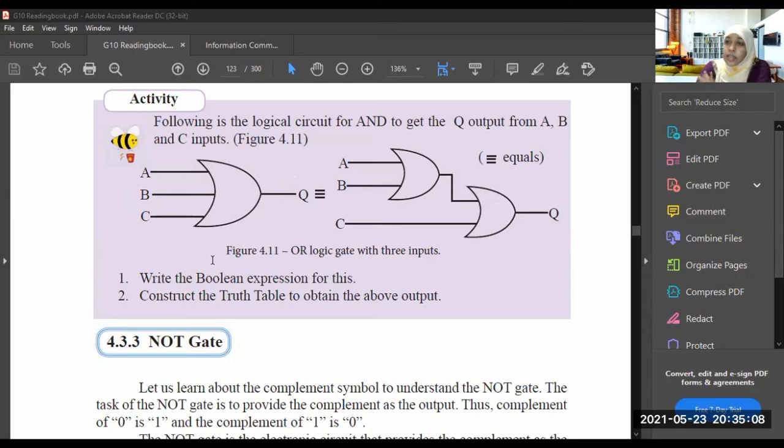Boolean expression is the A and B and C, A and B, or C. We are putting the symbols, the dot, the plus, that is the Boolean expression. So after getting this as an output, what is the expression? That is the Boolean expression. A truth table we will draw it later, okay?